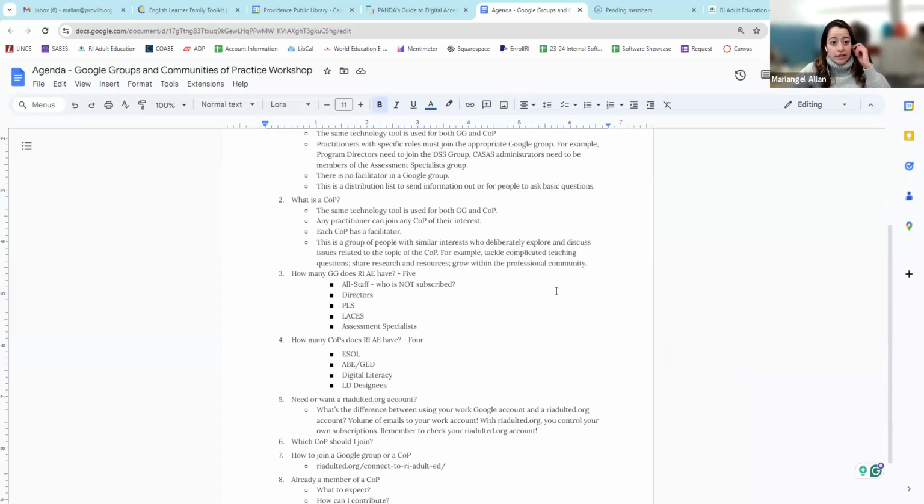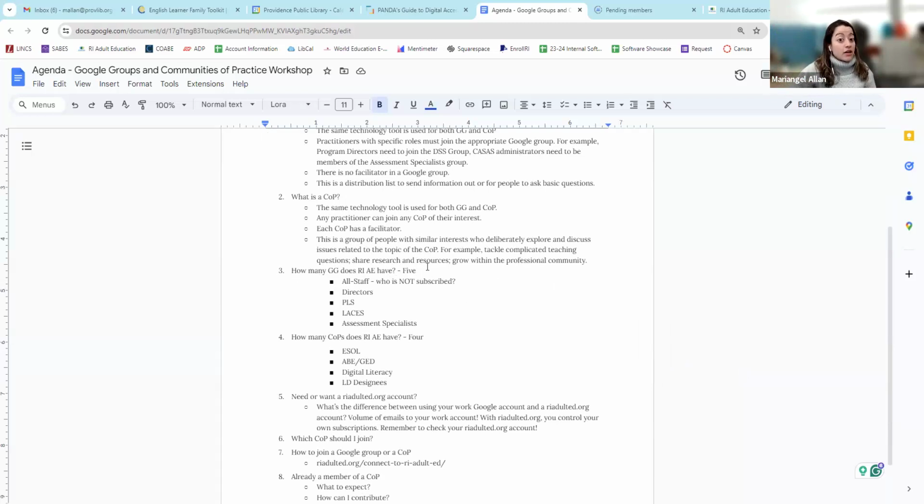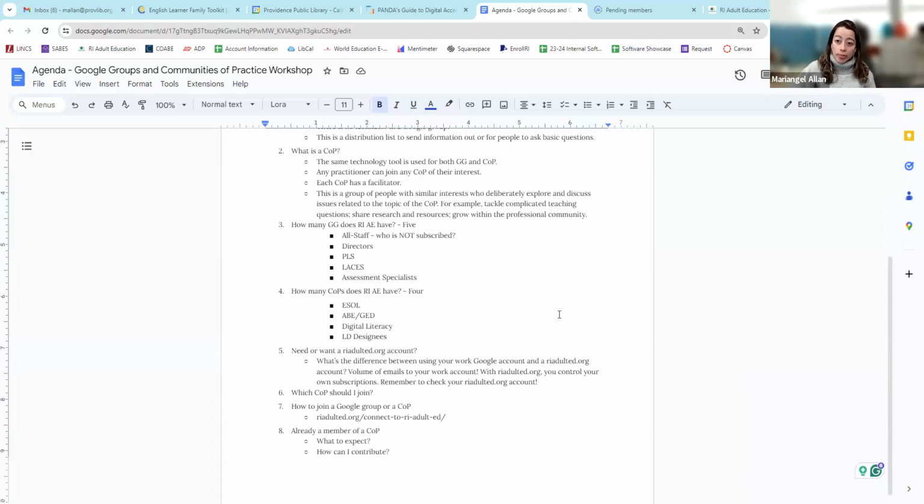Well, another difference from the Google group is that any practitioner can join the COP of interest. So that means that you don't have to have the specific role for it, but if you would like to be part of a particular COP, you can just join it. It's fine. And then another big difference is that COPs have facilitators.